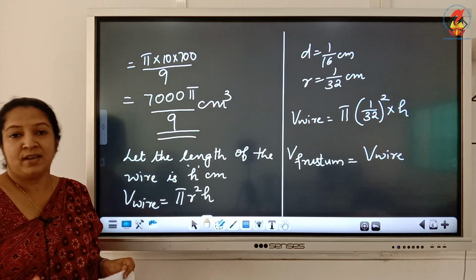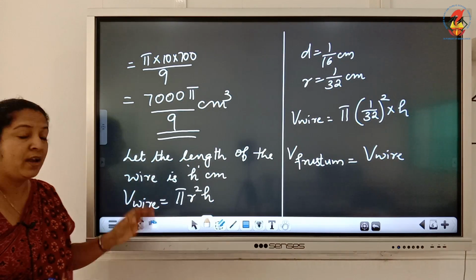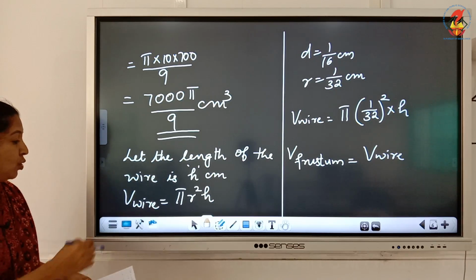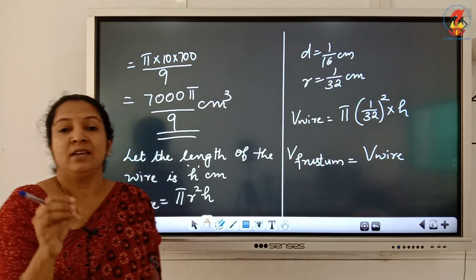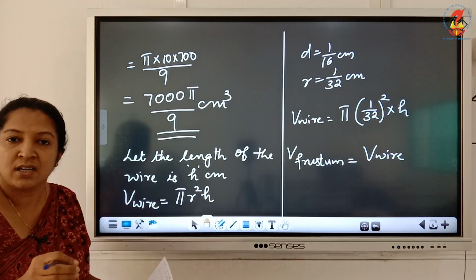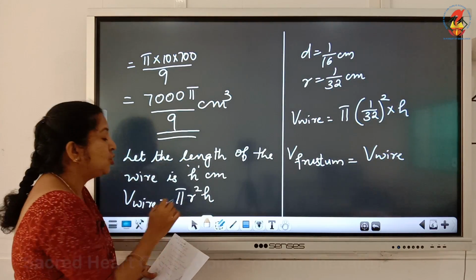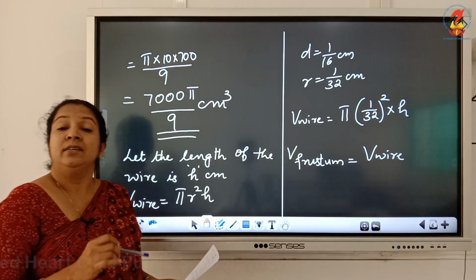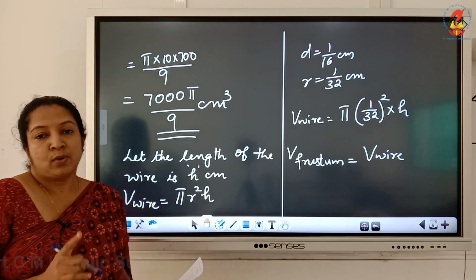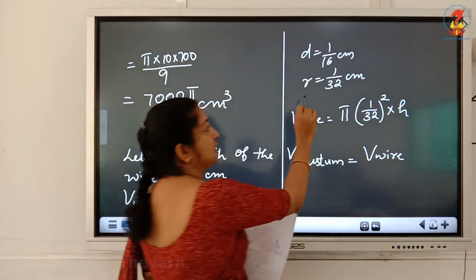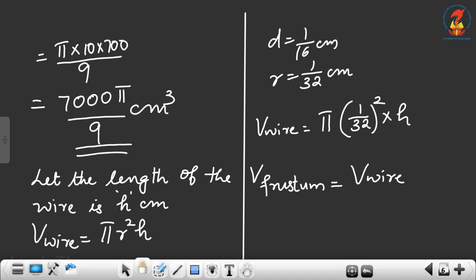Then we need the volume of the wire. Let the height of the wire be h centimeter. The wire is a cylinder, so pi r square h is the formula. The diameter is given as 1 by 16, so the radius is 1 by 32 centimeter.